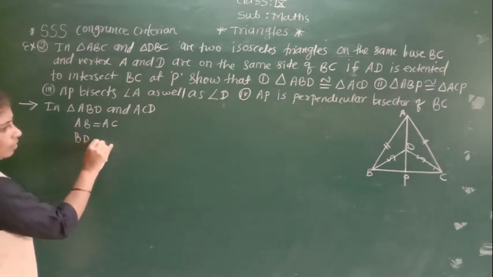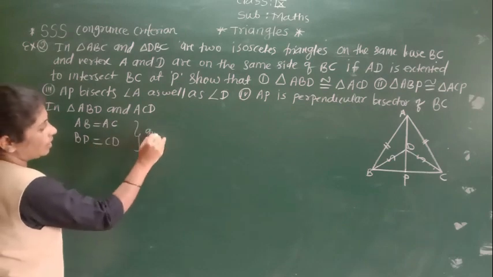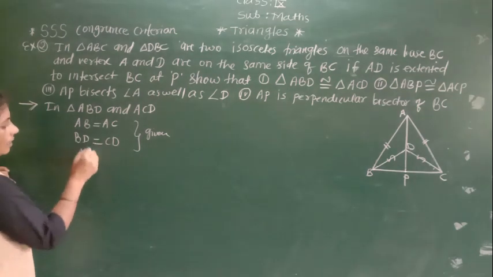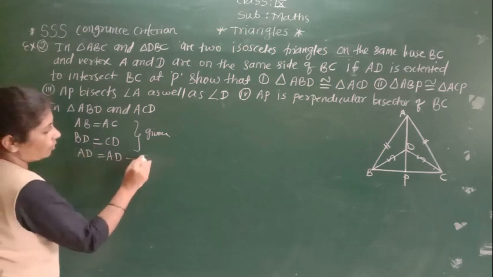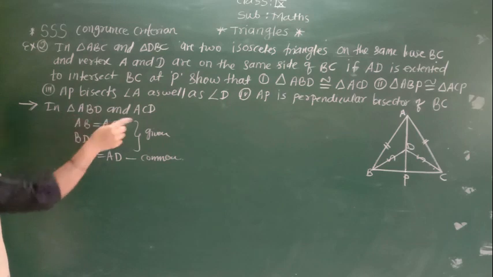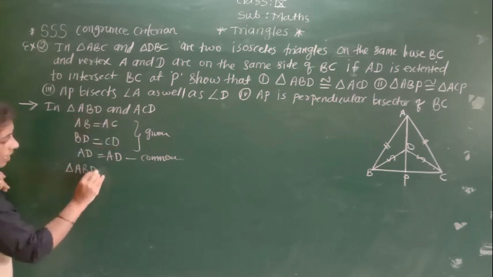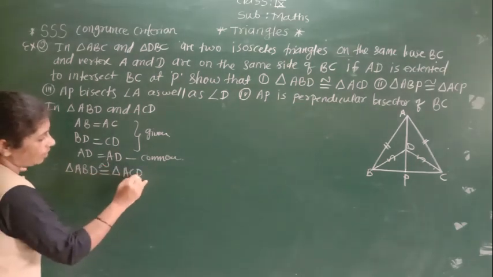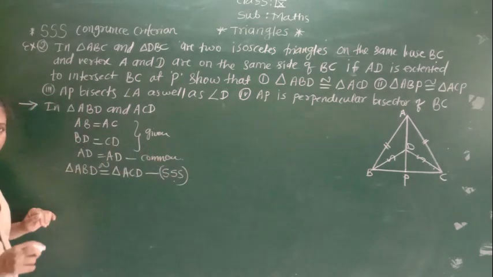BD equals CD, the reason for it is given, and AD equals AD, that is common for this. Okay, so these two triangles are congruent. Triangle ABD is congruent to triangle ACD by which criteria? By SSS congruence criteria.